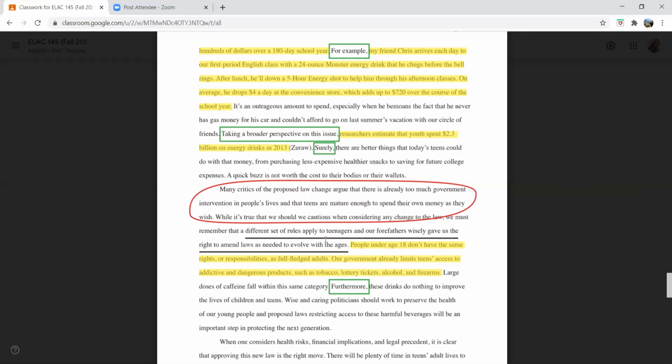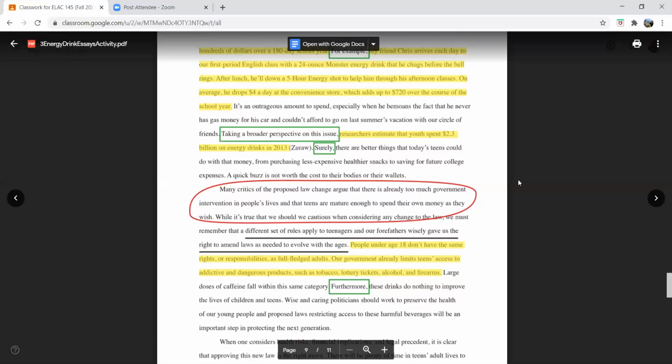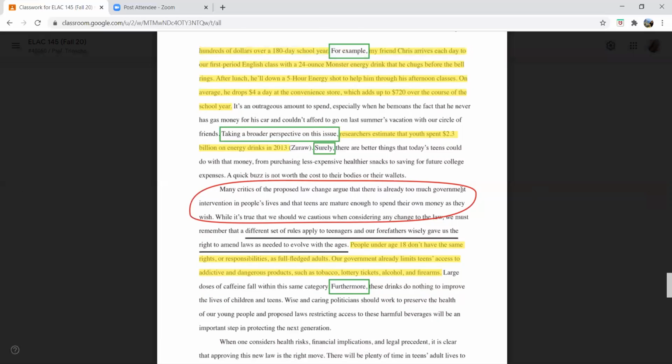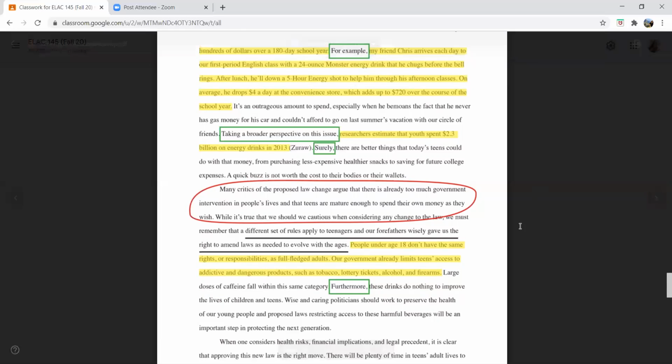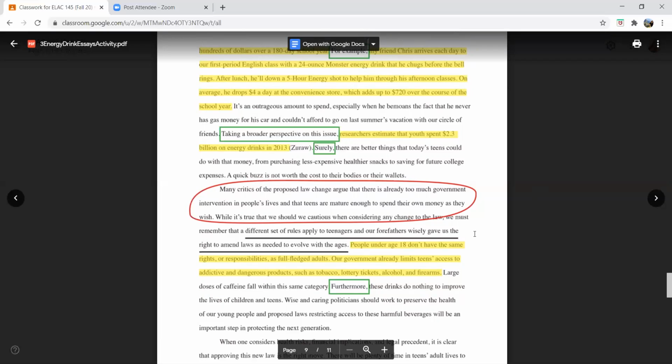Okay, so basically they put the counterclaim here and was saying, yeah, people are saying this, that the government is too involved in people's lives. But, counterclaim, I'm going to tell you why it's not true. Boom, a reason.